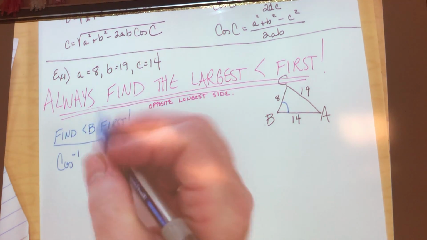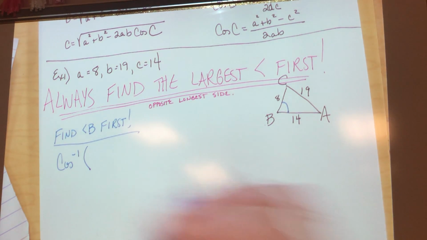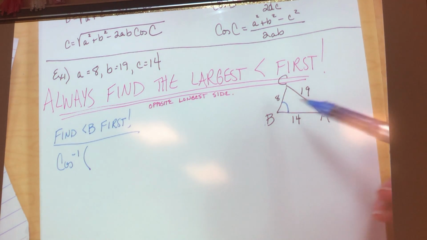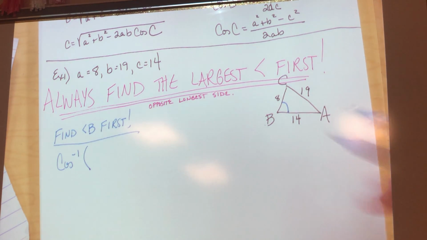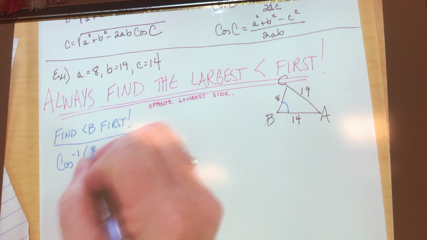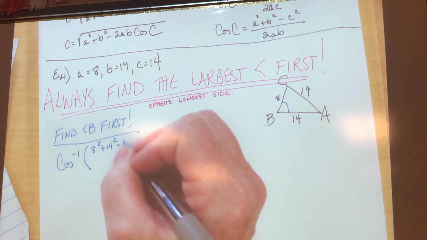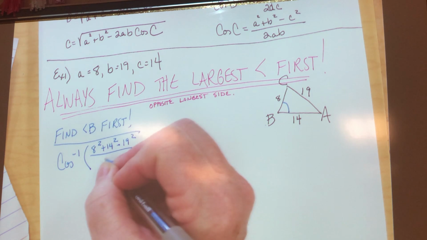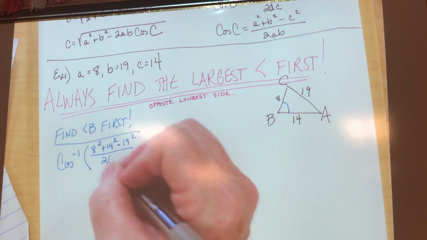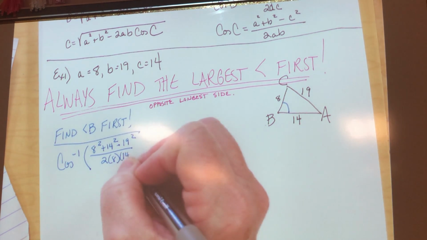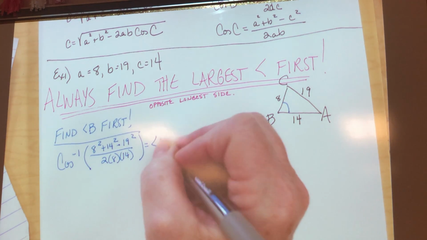So inverse cosine of the two sides that make the angle minus the side that goes with the angle. It's going to be 8 squared plus 14 squared minus 19 squared, all over 2 times 8 times 14. That will be angle B.